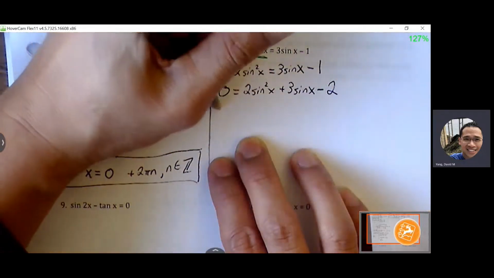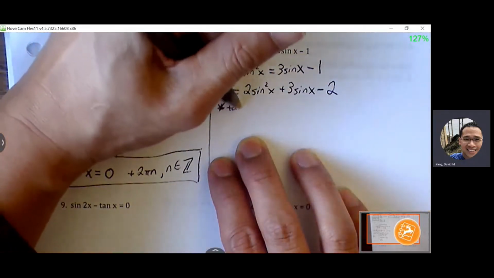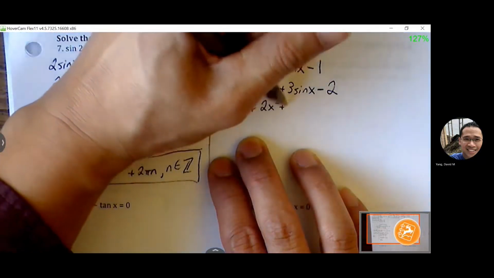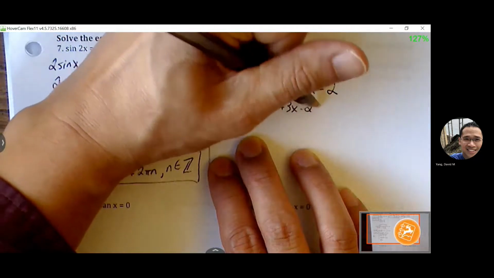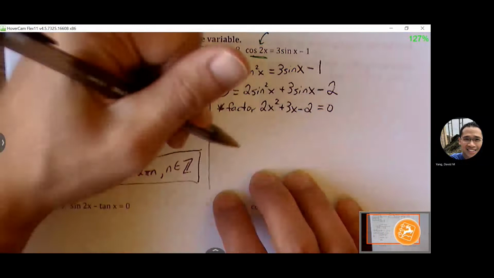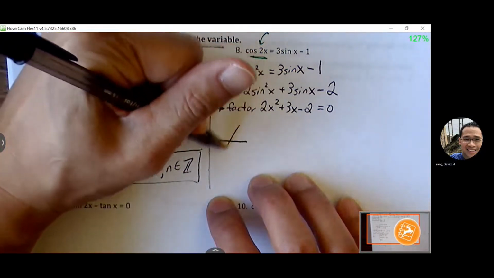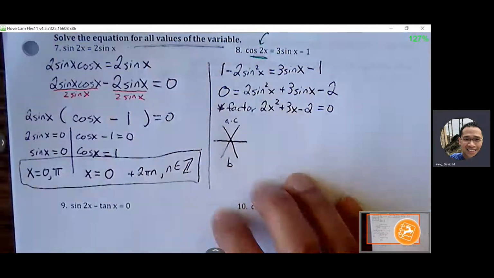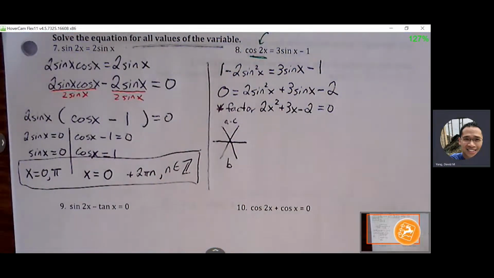Hey, if it helps, try to factor in terms of x. Multiplies to be a times c.